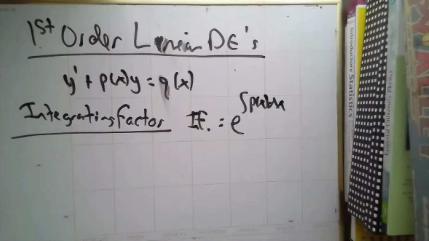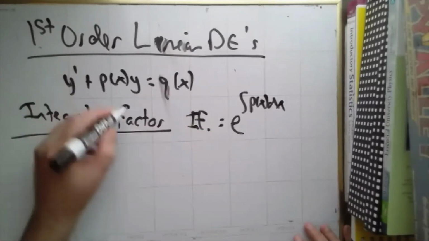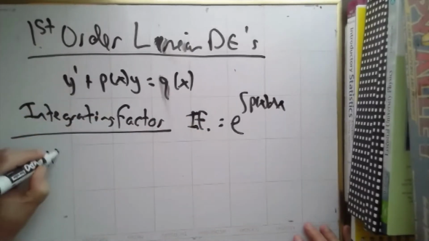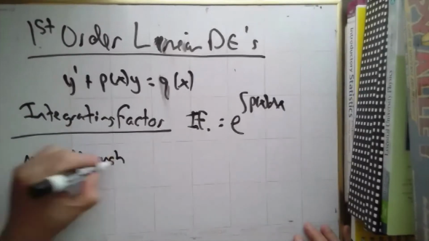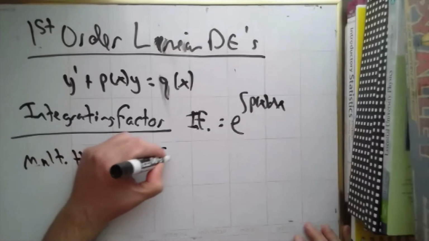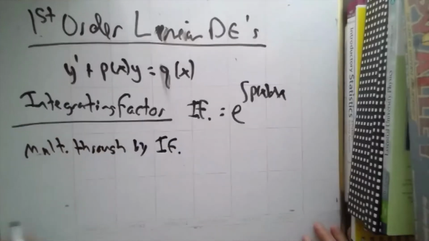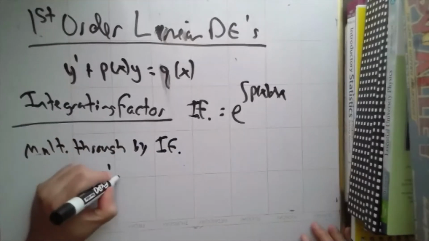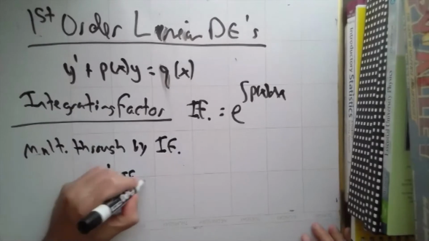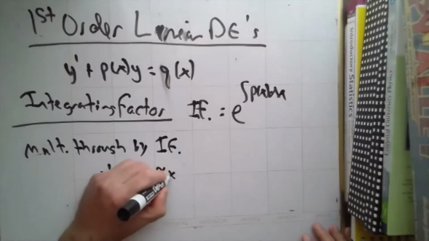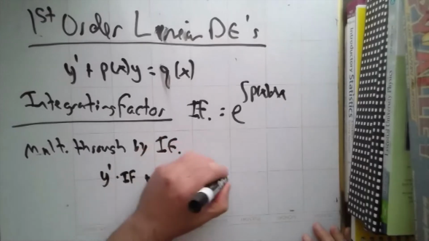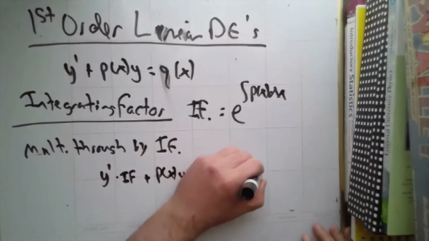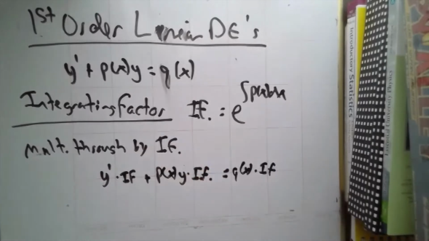Then we multiply everything through by that integrating factor, both sides. So you'll get Y prime times the integrating factor, plus P of X times Y times the integrating factor, equals Q of X times the integrating factor.